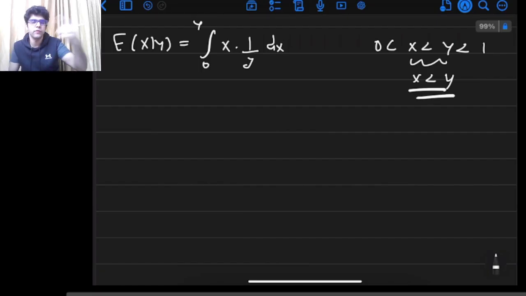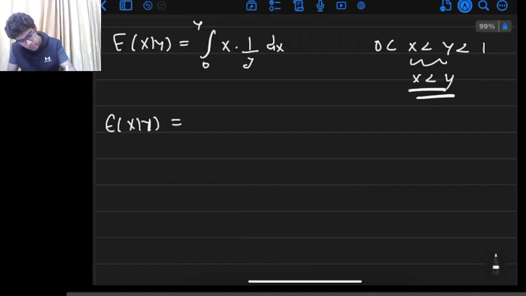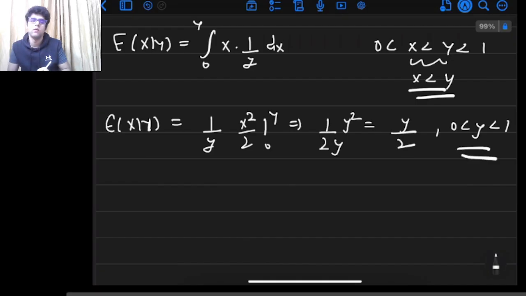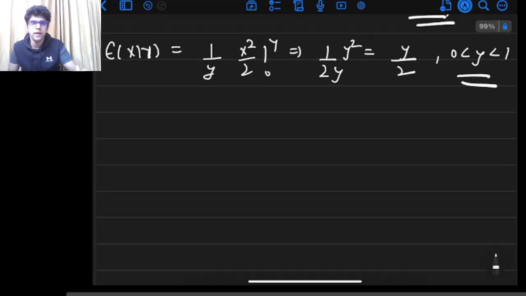Now y is a constant here, so I take out 1 over y, and this gives me x squared by 2 from 0 to y, which becomes 1 upon 2y times y squared, which gives y by 2, where y lies between 0 and 1. So E(X|Y=y) was half of y. Yes.